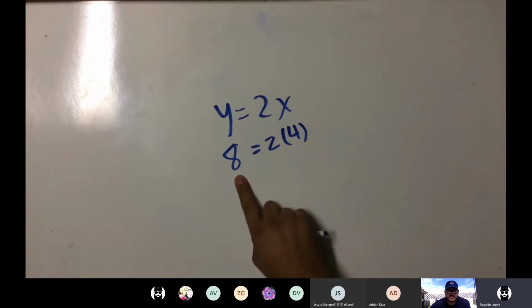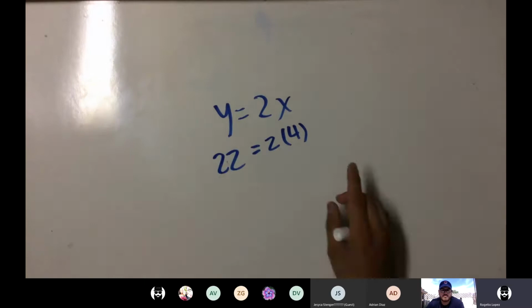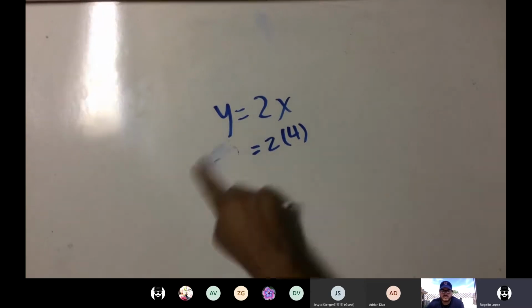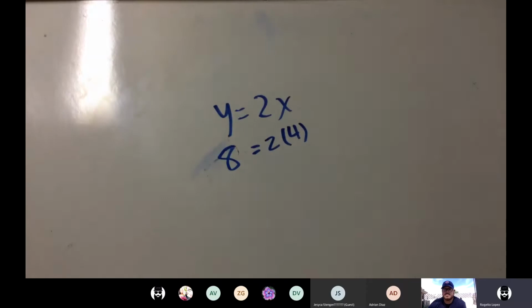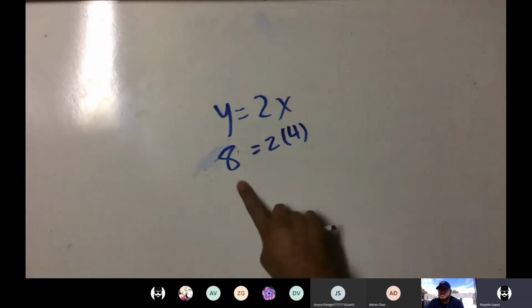And that will only give me that. It's not going to give me any other number but 8. I can't get 22 here. That's impossible. If I put 2 times 4, there's no way it's going to give me 22. The only thing it can give me is 8. So that's why this is a function.